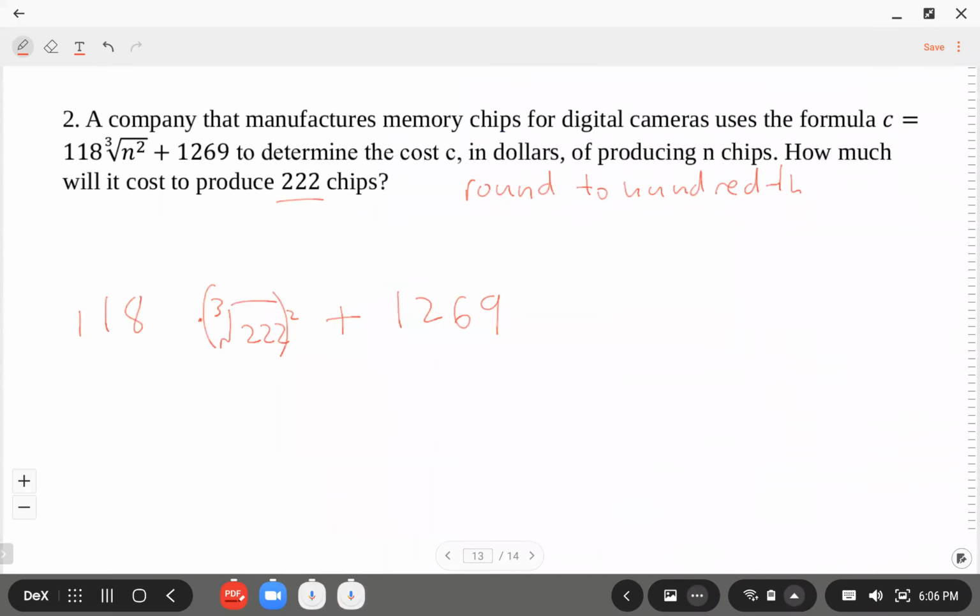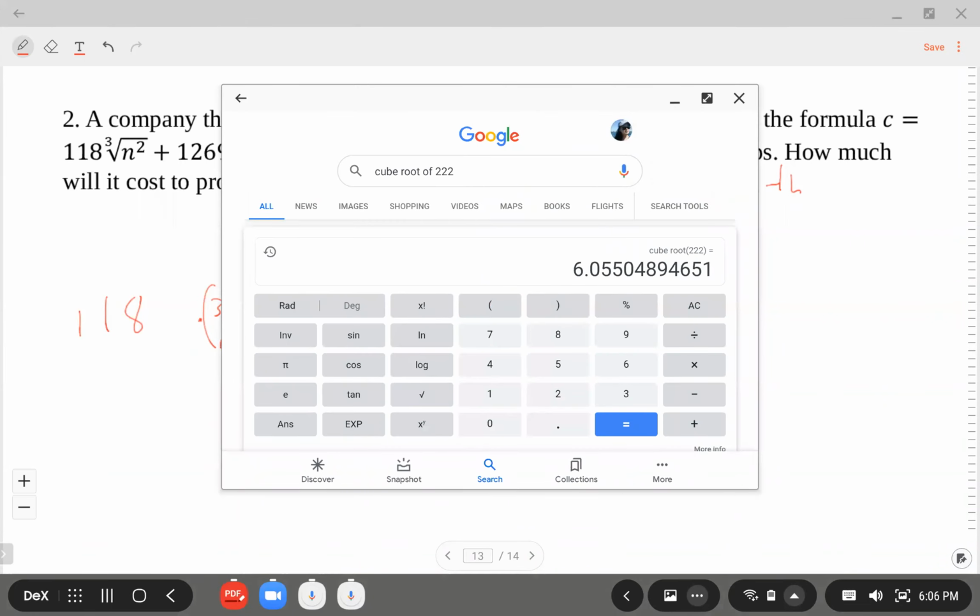So back to our equation here. After we have our cube root, we're going to square that. So squared. Where's the squared button? Right here. Equals 36.6636177446.